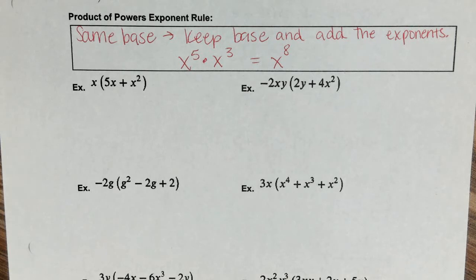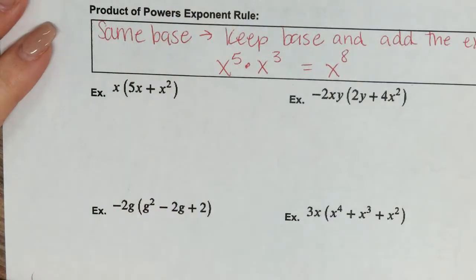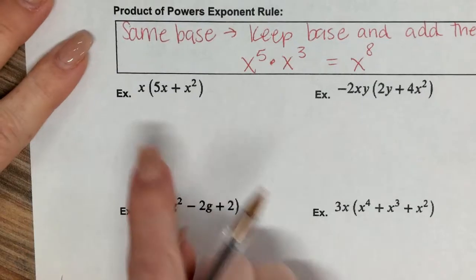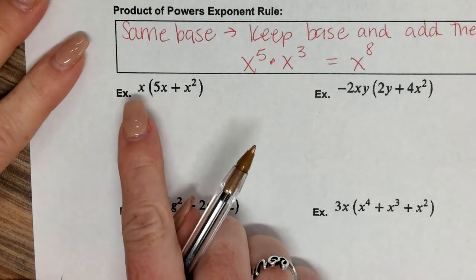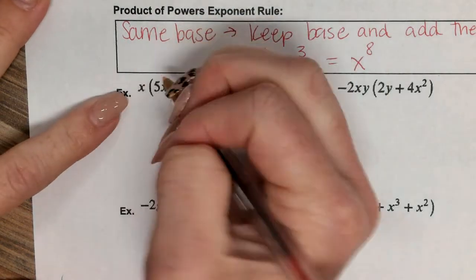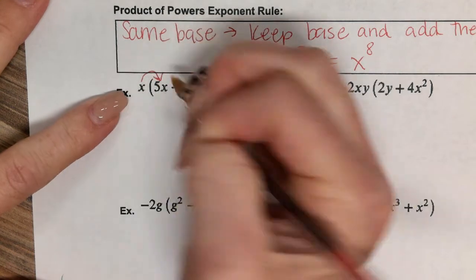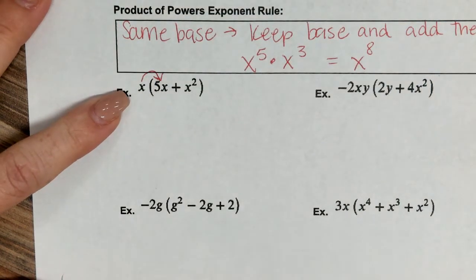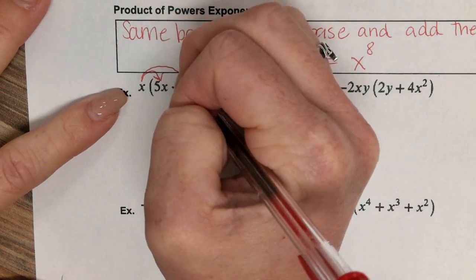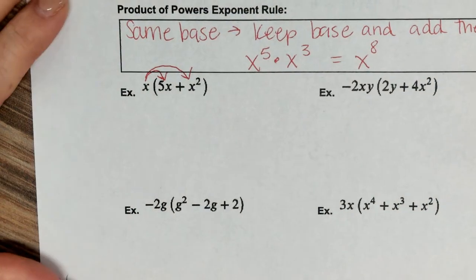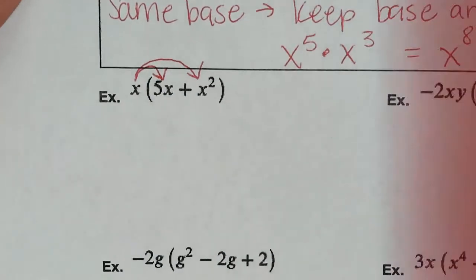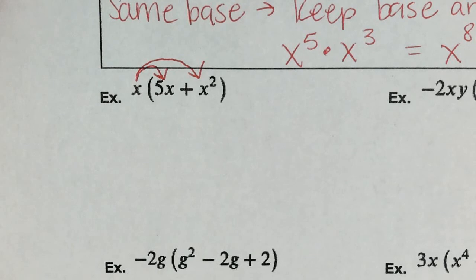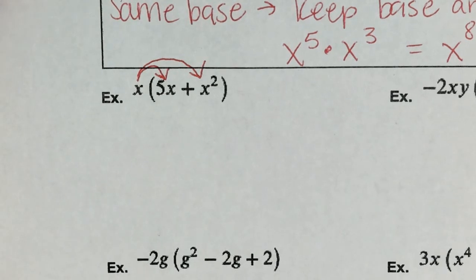Who can tell me what's going on? Distributive property. Very good. Anytime you've got parentheses and something on the outside, you have to distribute. So this x is going to get multiplied by the 5x, and this x is going to get multiplied by the x squared. So let's think about it.